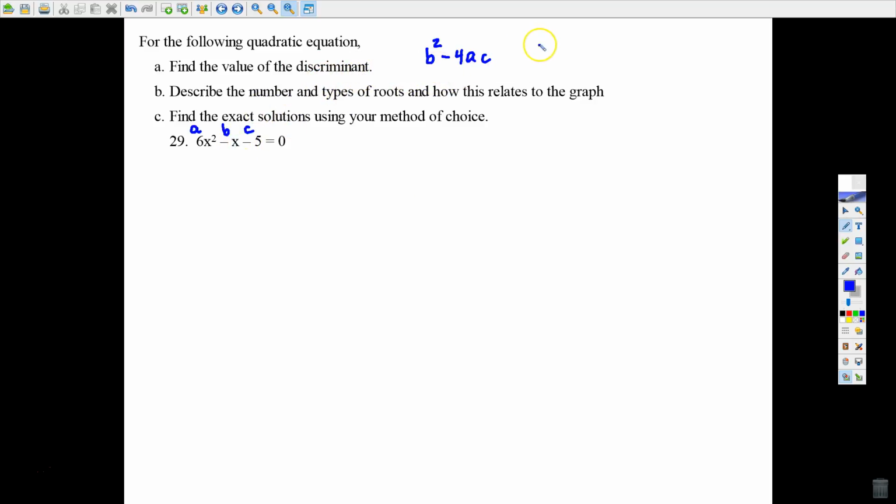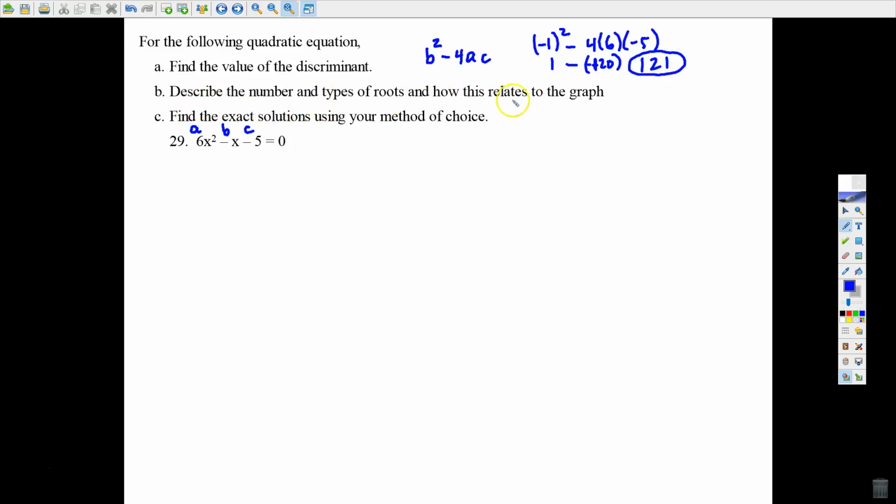So b squared, that's negative 1 squared, minus 4 times 6 times negative 5. And negative 1 squared is 1 minus, and this is 24 times negative 5, which is negative 120. And 1 plus 120 is 121. So that is the discriminant.